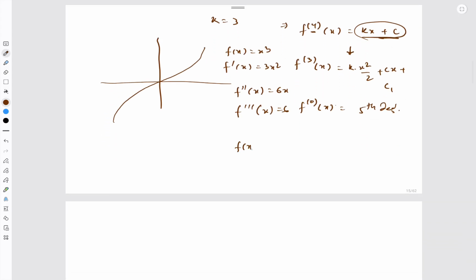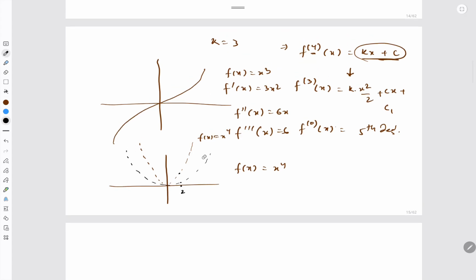Similarly, if I take f of x equal to x raised to the power 4, it is basically like that x square graph only, but with a heavy slope, right? If I draw x raised to the power 2, it will be like this, because for a given value, let's say x is equal to 2, 2 square will be less than 2 raised to the power 4, right?